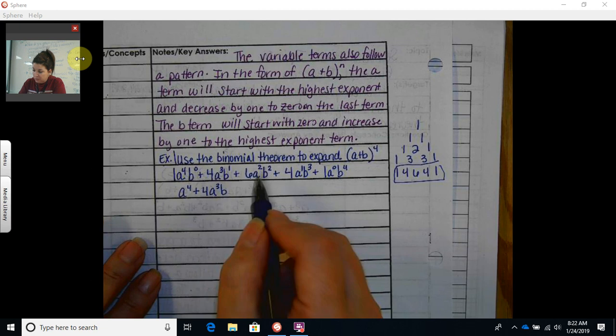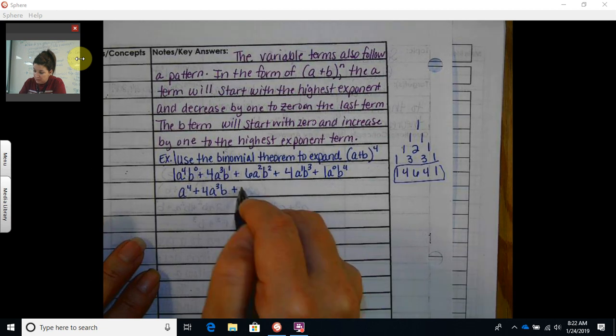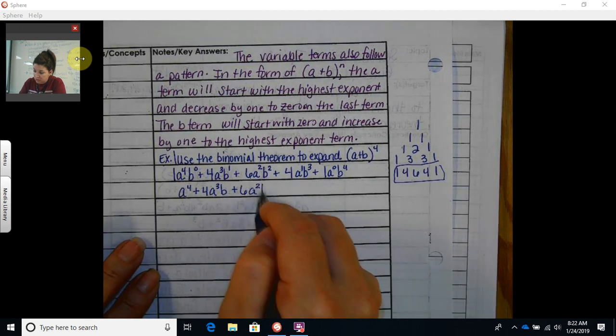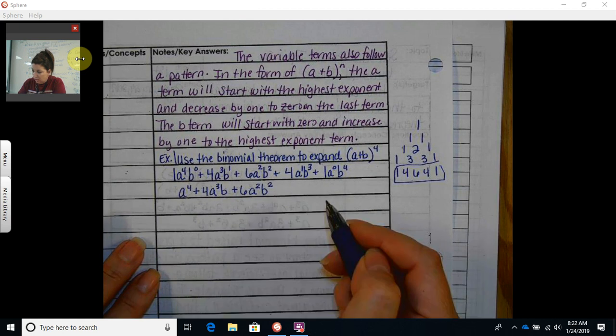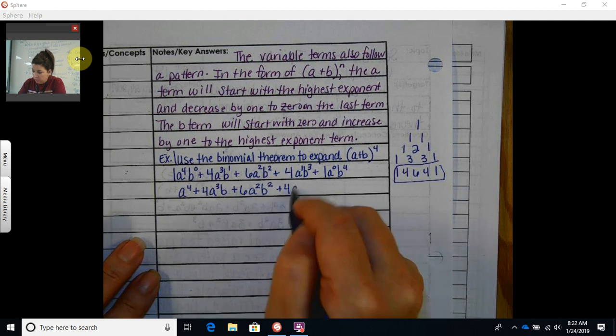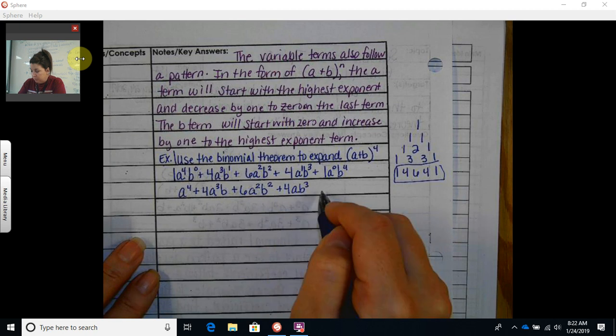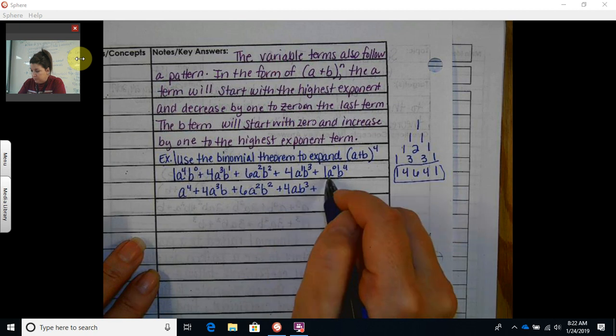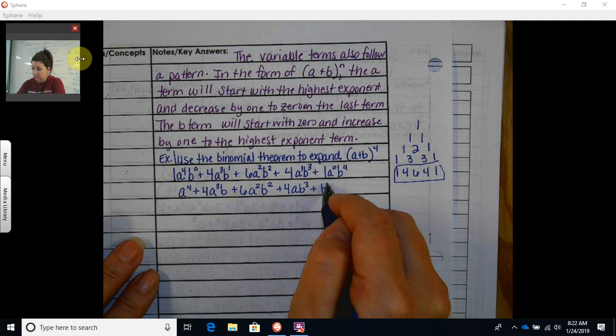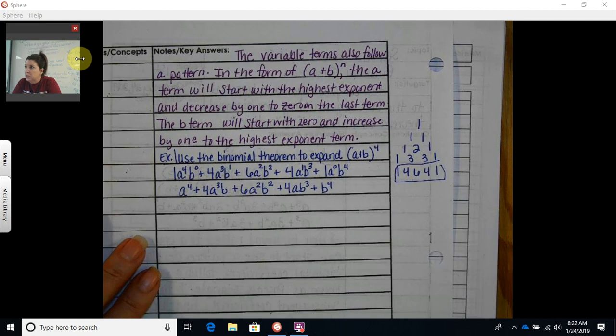In my next one, there's nothing to clean up: plus 6a squared b squared, plus 4ab cubed, plus 1 times a to the 0, that's 1, so 1 times 1 times b to the 4th is just b to the 4th. Without doing all of that multiplication, we have it in standard form.